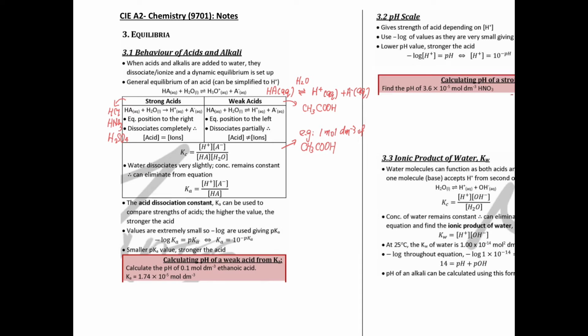In that situation, you will feel like, I know the concentration of HA, because HA is basically this 1 mole per dm cube. But from this sentence, I don't know the concentration of H2O. That is the problem. We don't know the value.